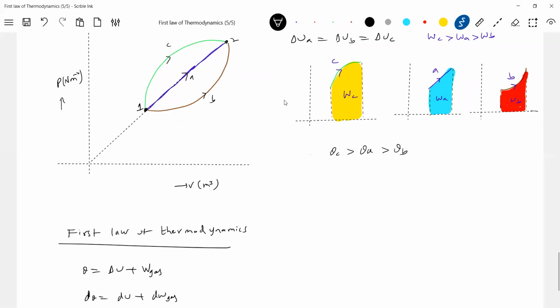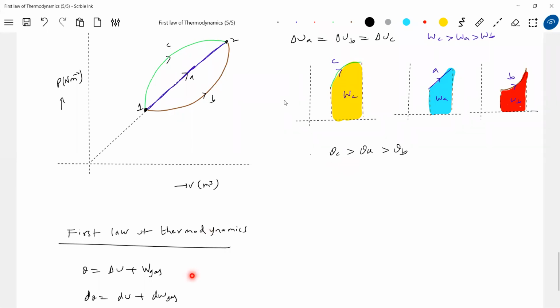How can you say so? Because from the first law, delta U is the same for all the paths. WC greater than WA greater than WB. So therefore QC greater than QA greater than QB. So which are path dependent? Heat exchange and the work done are path dependent. Which is path independent? Change in internal energy.